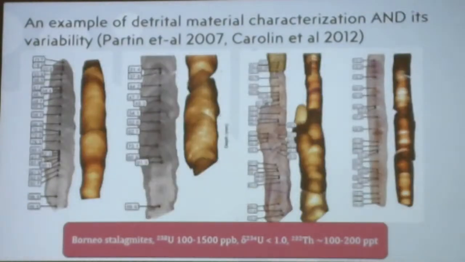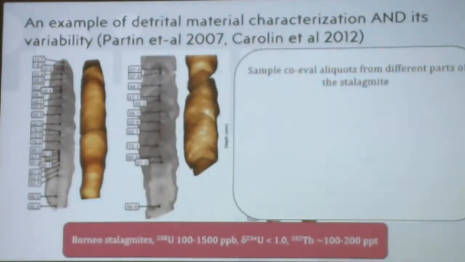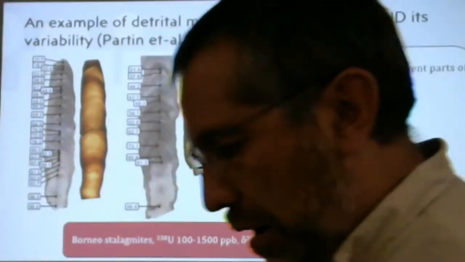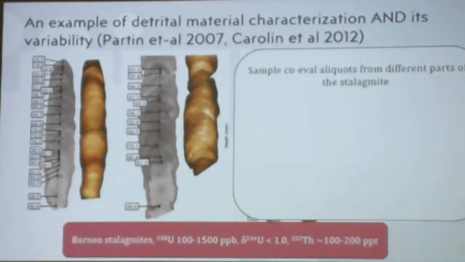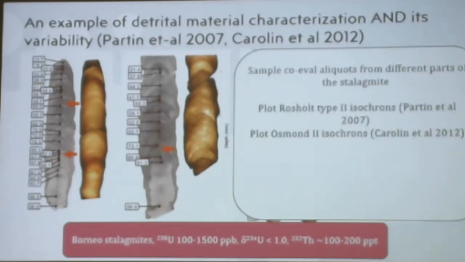So how did they work? Basically, in some parts of the stalagmites they collected coeval aliquots from different parts of the stalagmite. That means that for some bands, for some sections of the stalagmites, like here, and here, and here, and I think somewhere around here too, they collected 3 or 4 samples.